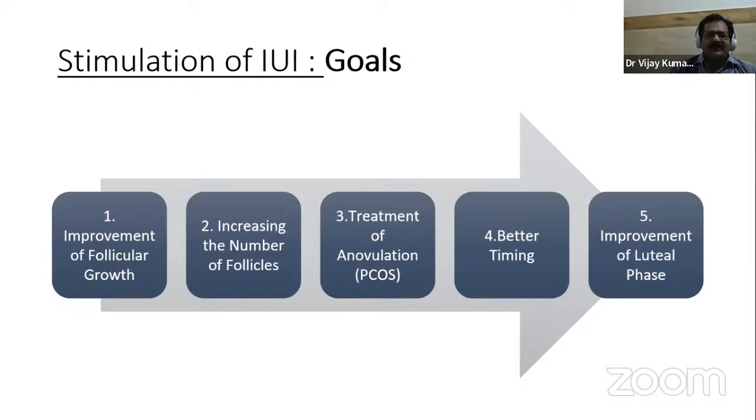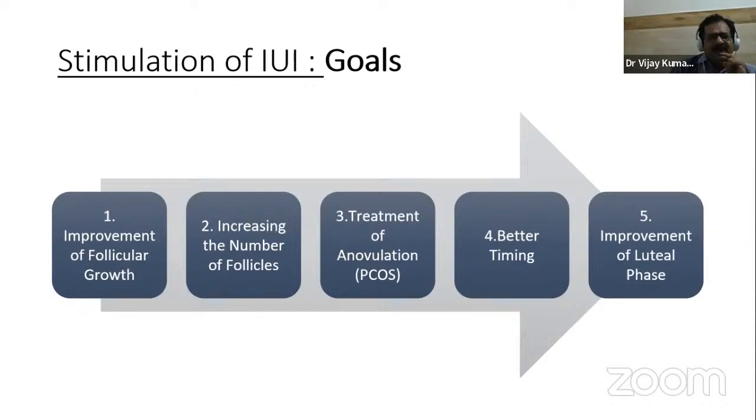And we also want to increase the number of follicles. In a natural cycle, either one or two follicles will be maturing. But in ovulation induction, the aim is always to have 2 to 3 eggs in each cycle, so that when the IUI is done, the chances of pregnancy will be high.